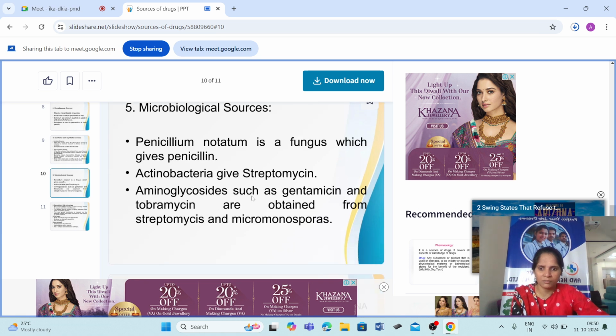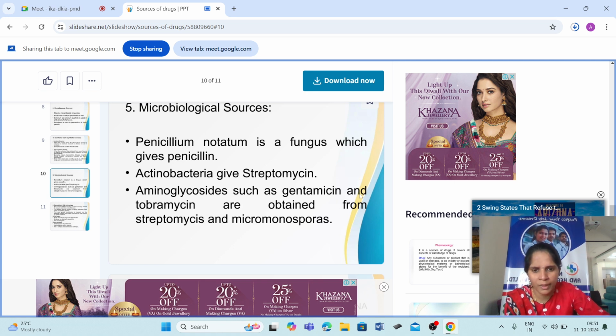And next we have actinobacteria, which gives streptomycin. Even this streptomycin is an antibiotic. And next we have aminoglycosides such as gentamicin and tobramycin, which are obtained from streptomyces and micromonosporas.